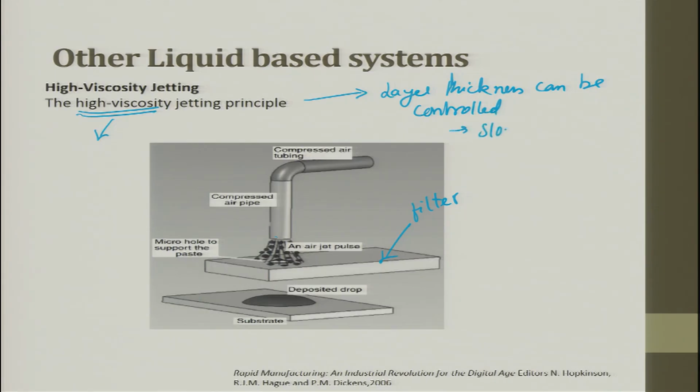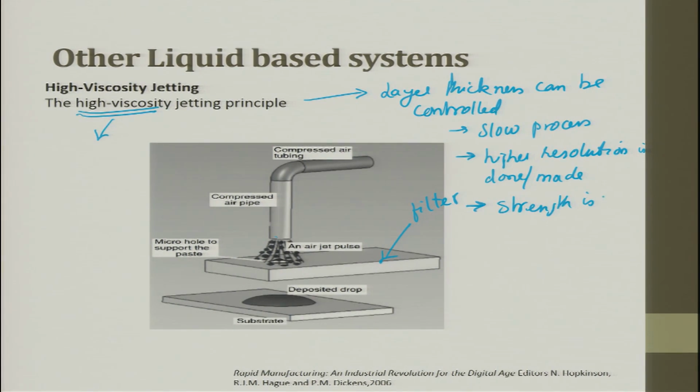It is a slow process, but layer thickness can be controlled, so higher resolutions can be achieved. The strength of the component is weak, and it is still in research. These are the points you should understand.